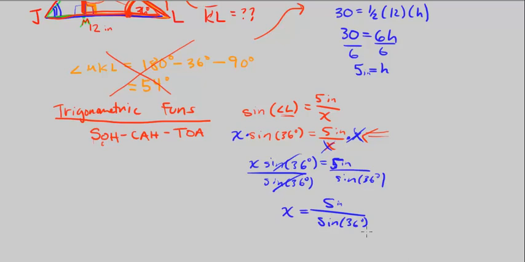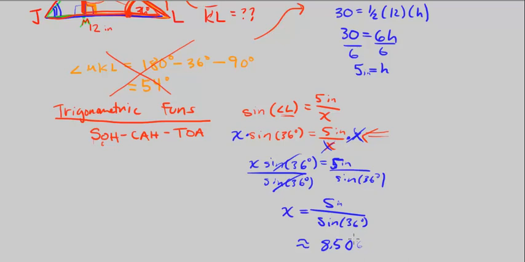Just plug that into your calculator and make sure the mode is in degrees, because you have 36 degrees, not radians. 5 divided by sine of 36 degrees is approximately 8.5065, and that 5 is going to round this up to a 7.